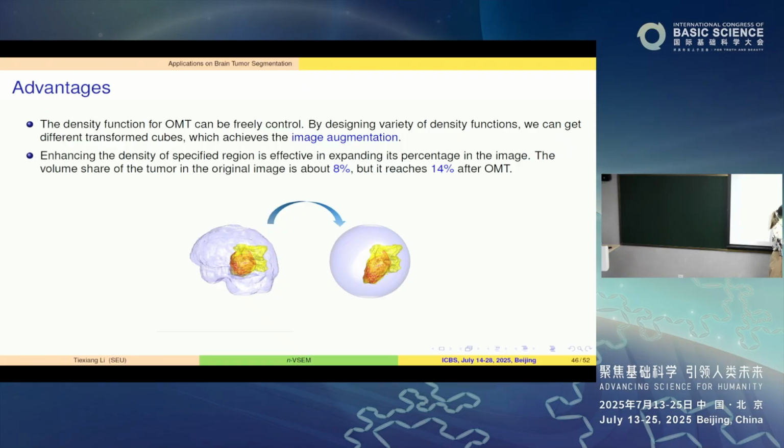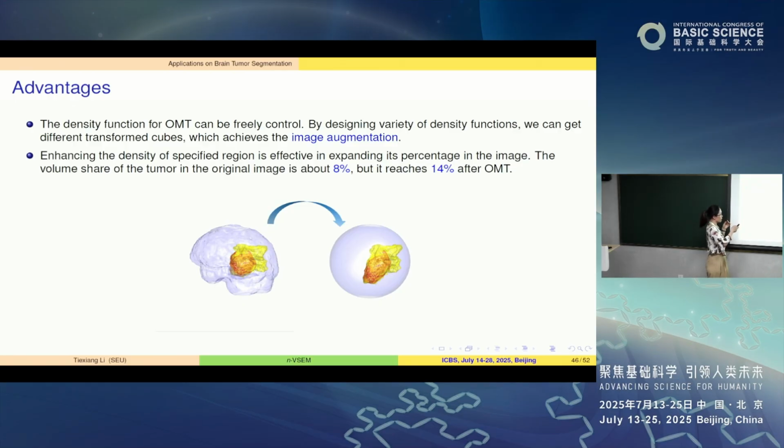And here, this ball is homogeneous. So here the mass is the brain, and the tumor region is heavy, so the volume should be large. Then we can get the mass preserving. Let's summarize the advantage.